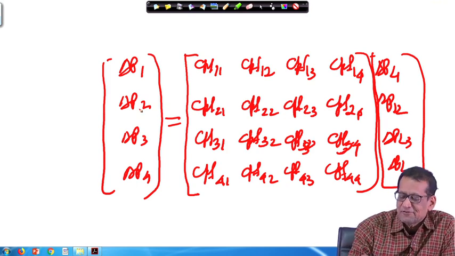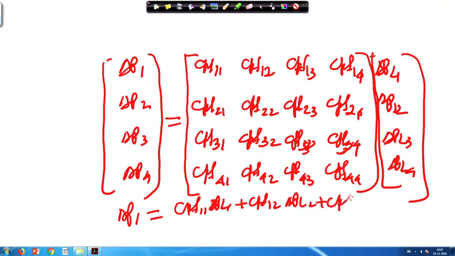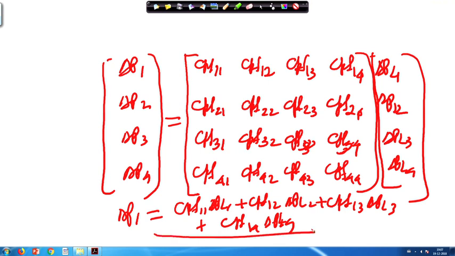In that case, for example, delta P1 is equal to CPF 11 delta PL1 plus CPF 12 delta PL2 plus CPF 13 delta PL3 plus CPF 14 delta PL4. So, this is the contracted power for GENCO 1. Similarly, delta P2 is CPF 21 delta PL1 and so on; this way you can find out.